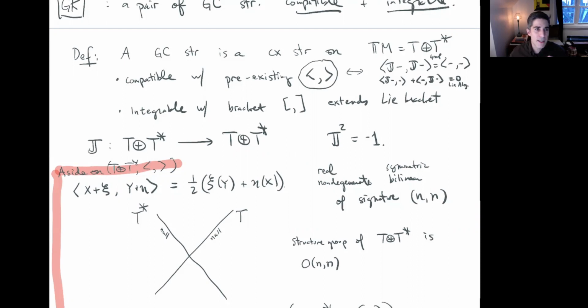I don't believe that on the linear algebra side there's any reason to single out T or T star. That only happens on the integrability side, because we're going to see that the bracket is going to be 0 on the T star, and it's going to be the Lie bracket on T. So that's where T is very special. But from the algebra side, it's not. It seems weird, but it's not symmetrical once we get into the actual integrability condition.